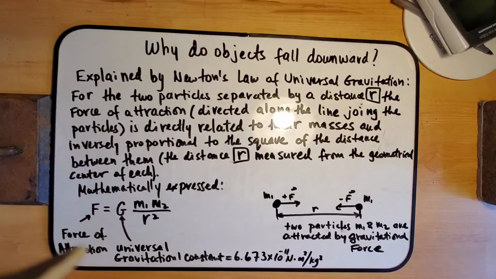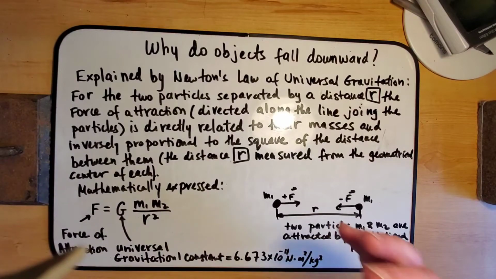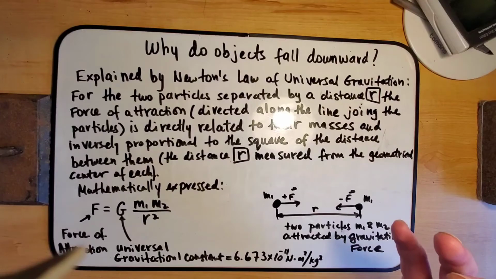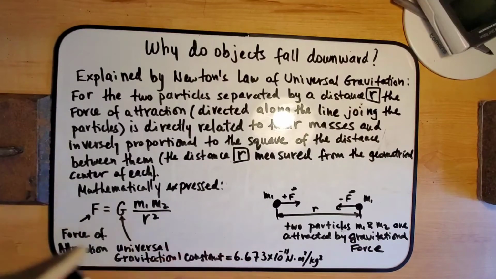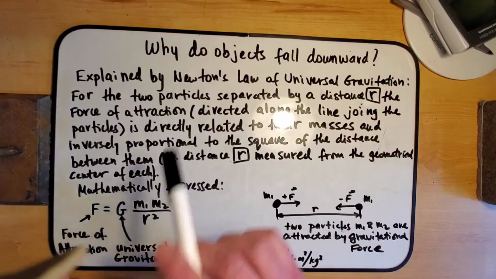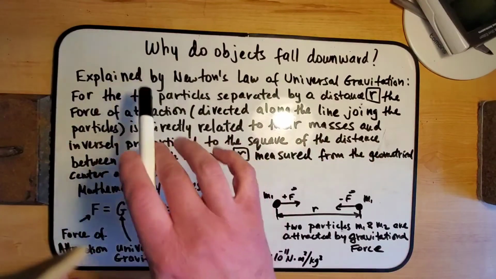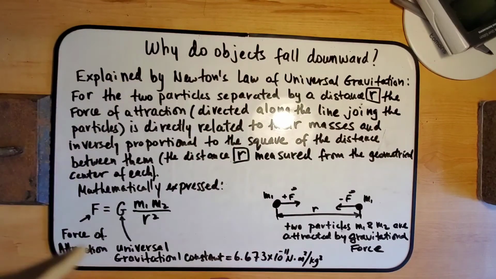However, when I talk about weight versus mass, you will see that when you're talking about a huge mass, let's say as big as the Earth, that force of attraction will be felt. That's why the question was, why do objects fall downward?